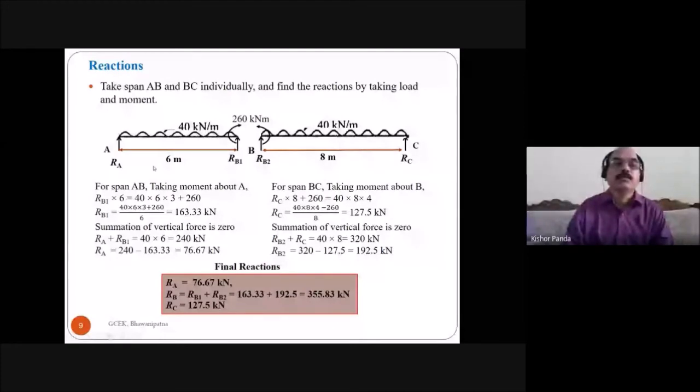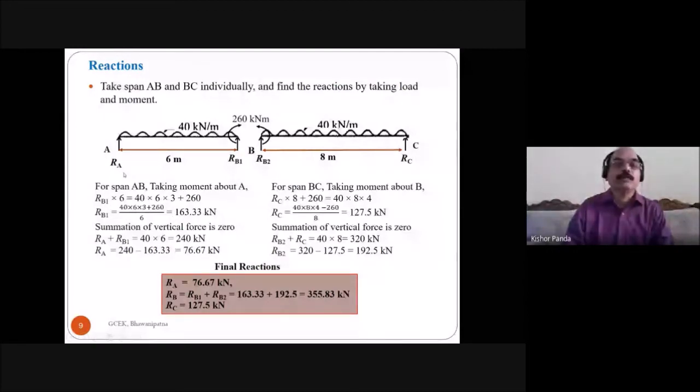That is 40 into 6 total load, and the CG distance is 3. This moment is clockwise plus 260, because due to this 260 kilonewton meter, the direction is also clockwise. So the anti-clockwise moment is equal to the clockwise moment. After simplifying, you will get RB1 equal to 163.33 kilonewton.